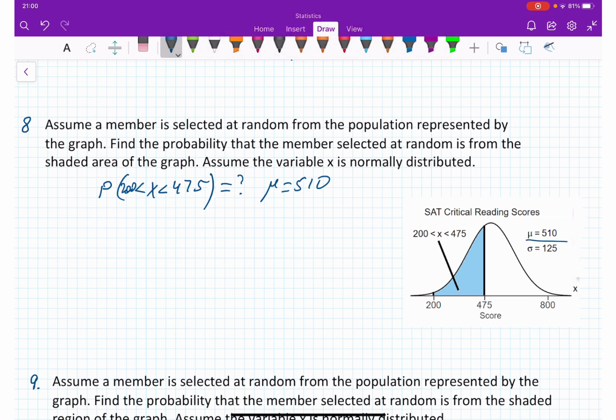And sigma is 125. Yes? So we are going to plug in this data, 510 and 125, and then between 200 and 475. Let's go.